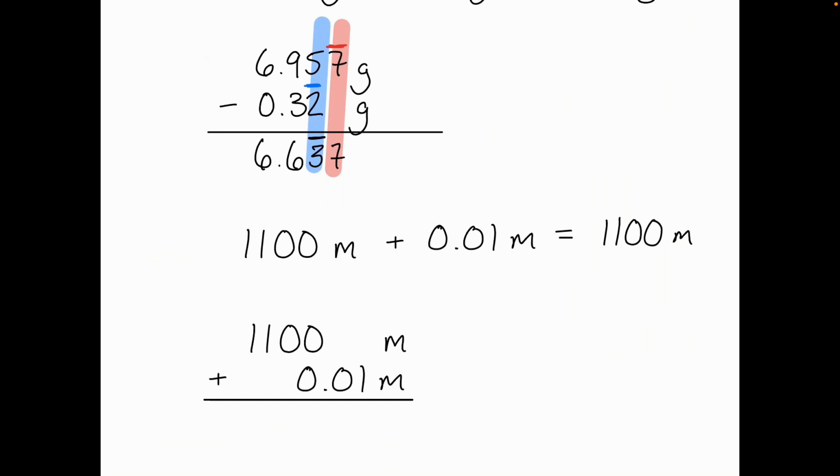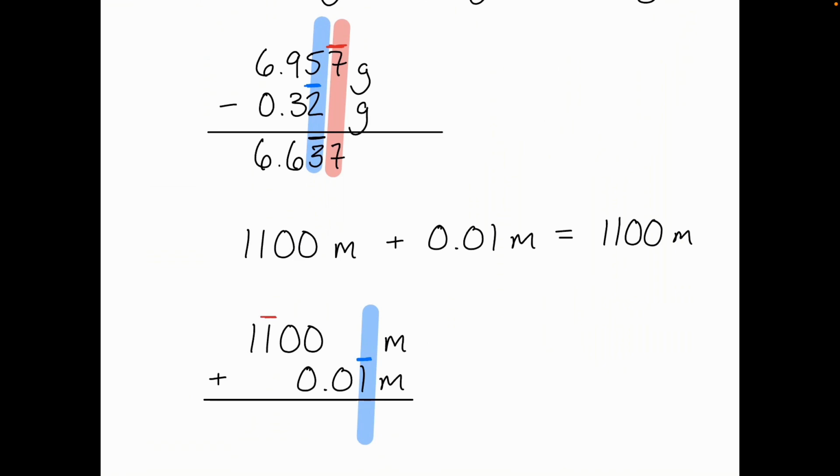All right, my sig fig in that bottom number is over here in the hundredths place. But where's the last sig fig in that 1,100? What position?